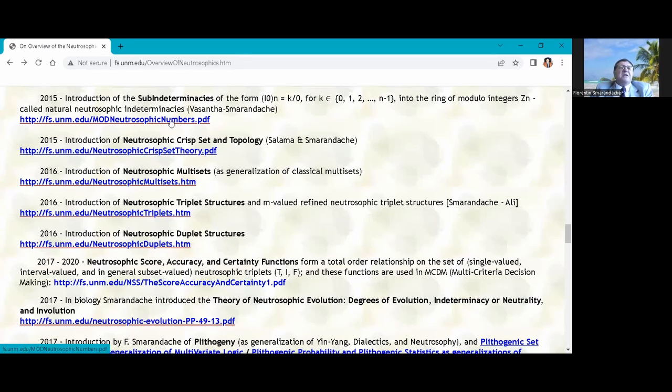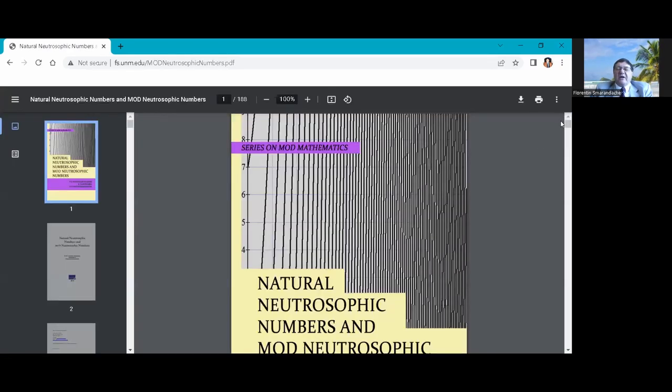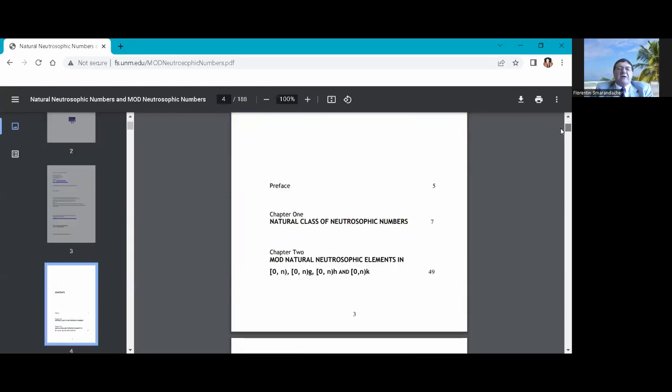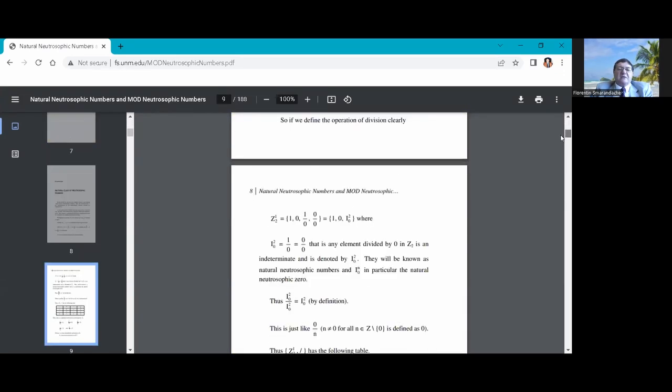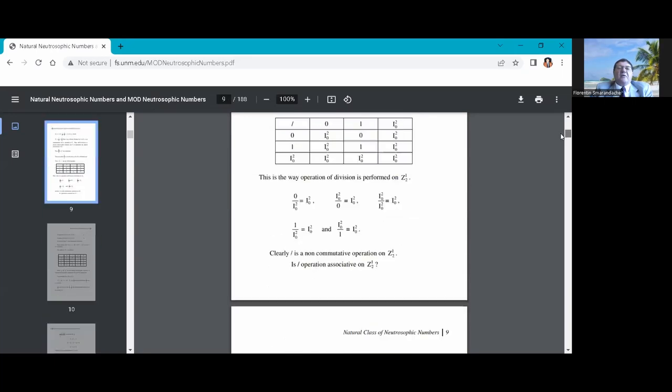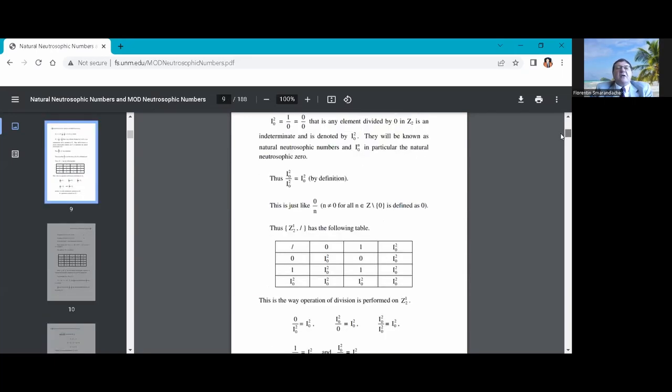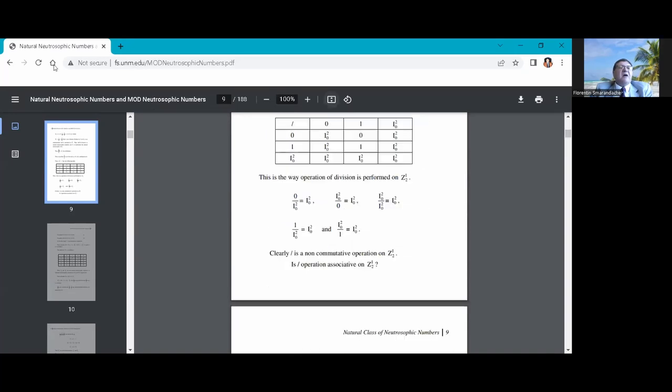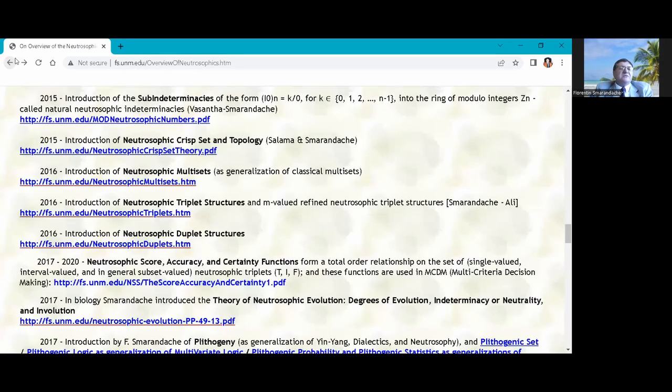Then sub-indeterminacies. So indeterminacy was refined, or anyway multiplied, and we got indeterminacy with respect to the possibility of dividing or not by 0.